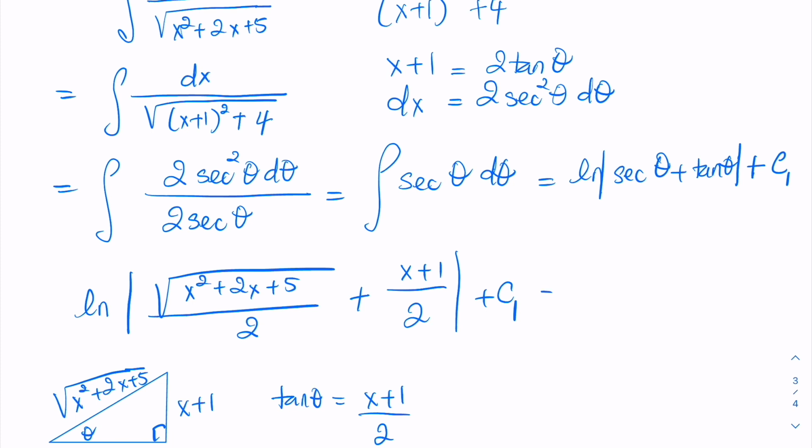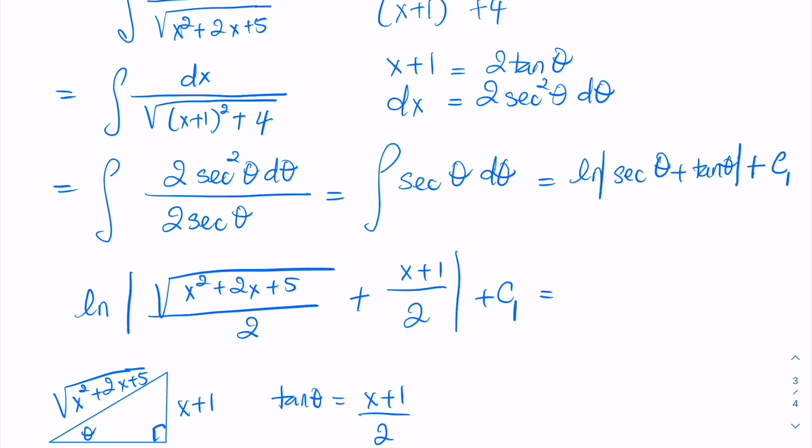So you see right here, we can get rid of this 2. Okay? So this is ln of that whole thing divided by 2. So using the log property, I can just subtract, because when you divide, you subtract the log function.